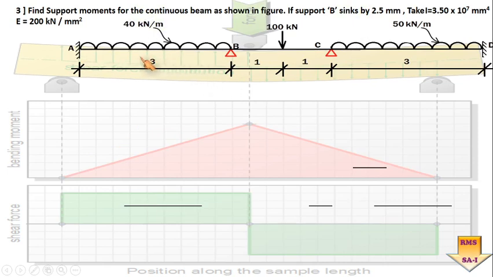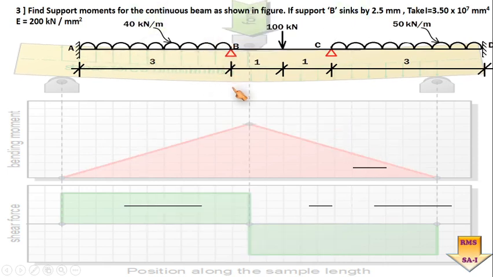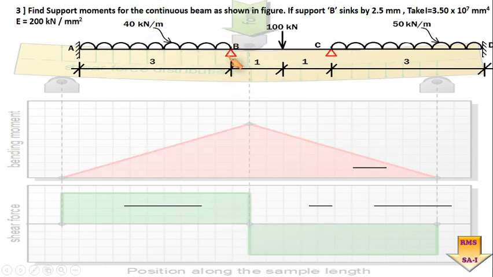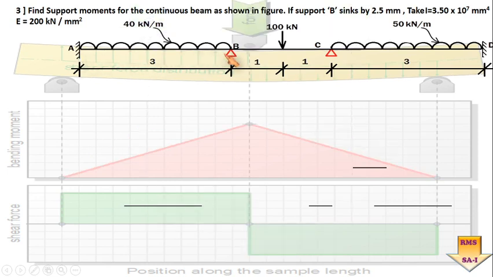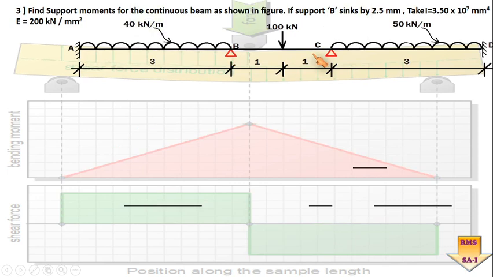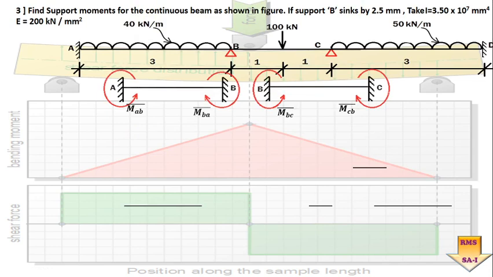In this case joint B is sinking in the downward direction, so this sinking effect is going to affect joint A as well as joint C in the sense of the fixed end moment about that particular joint. Let us see how this sinking affects the adjacent span.